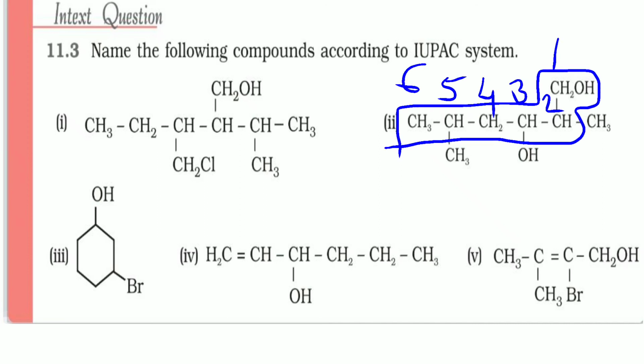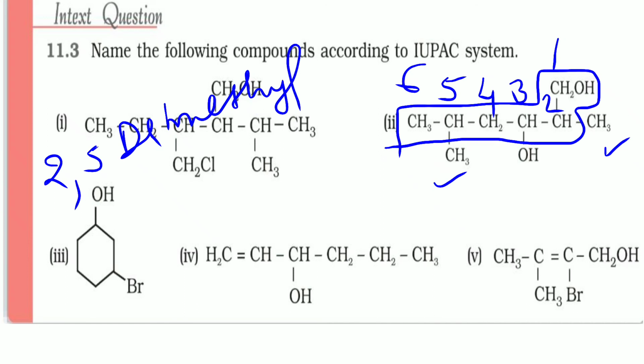Now you can see at number 2 and 5 methyl is there, so we can write 2,5-dimethyl, and you can see how many carbons are there, 6.